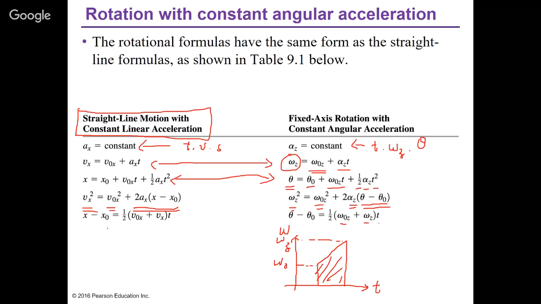Okay, this is the same with the linear motion as well, right? t versus v, except here we're talking about linear displacement, and here we're talking about angular displacement. All right.